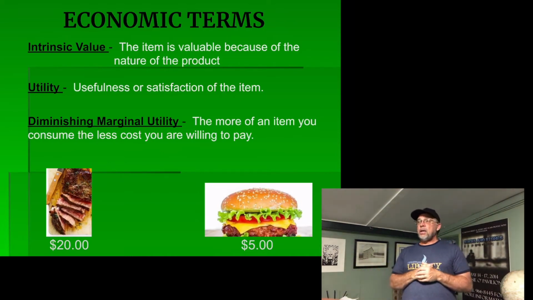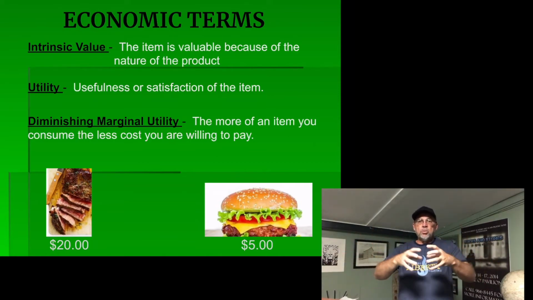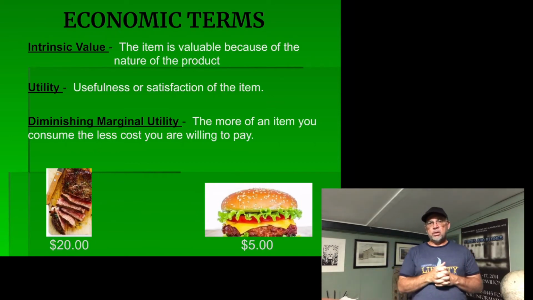It can also be what goes into the product as far as the natural materials used to make that product. It could be the amount of labor that goes into making that product. What they do is they look at how much it costs us to put this usable product together to give to the consumer. That's the intrinsic value, including all the materials, all the labor, all the transportation. That's dealing with intrinsic value.